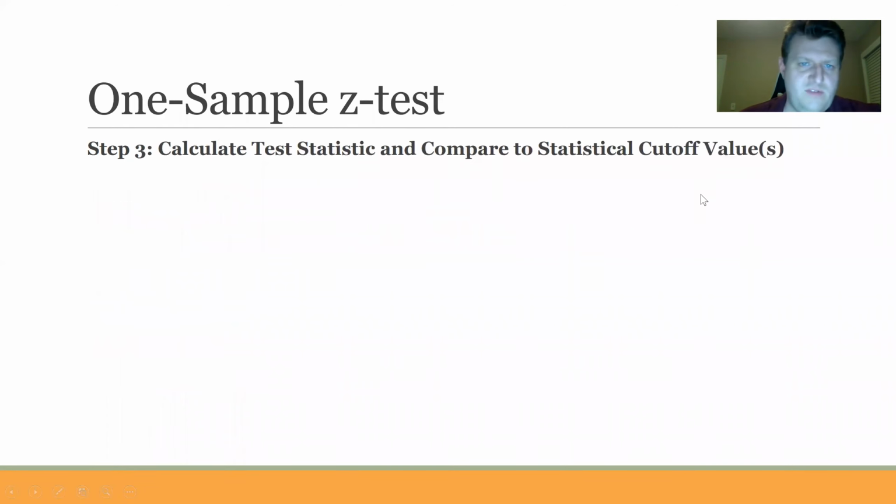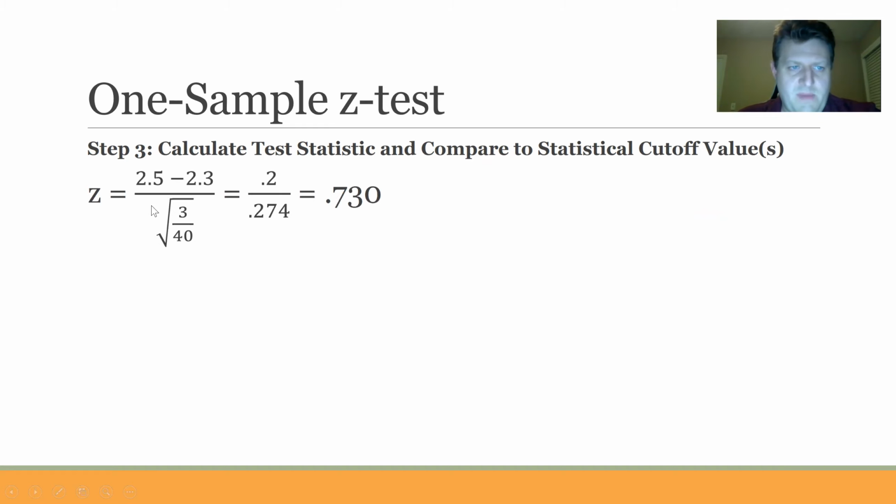So we are going to calculate the test statistic and compare it to the cutoff values. I am going to take the sample mean, 2.5, minus the population mean, 2.3, and I'm going to divide it by the square root of the population variance, which is 3, over the sample size, which is 40.